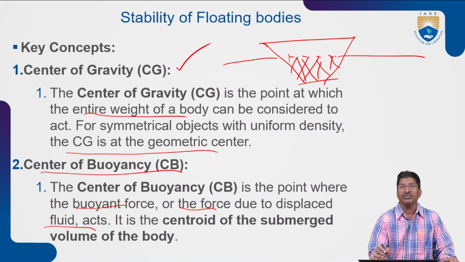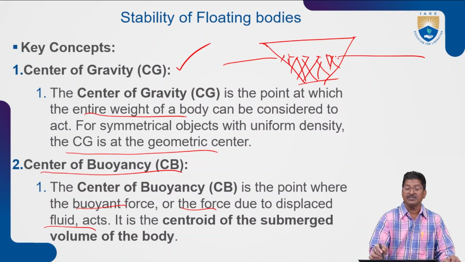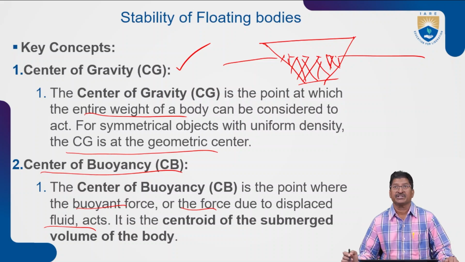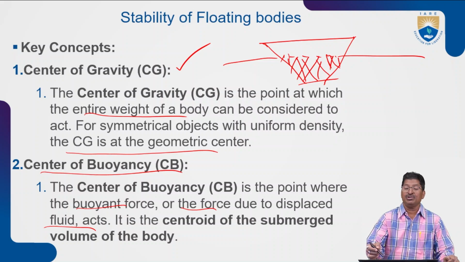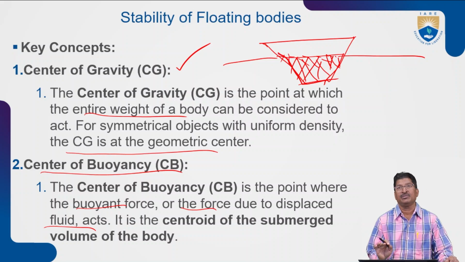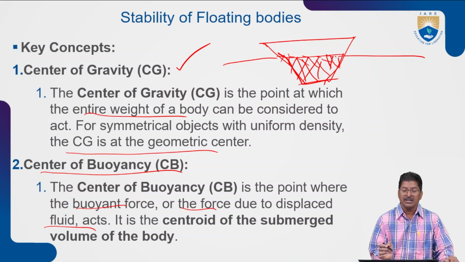So water is displaced by the volume of this submerged portion, not the entire volume of the object. Whatever volume of the object is inside the fluid, that is nothing but the volume of the object which is inside the water. For that, one single point will be there.